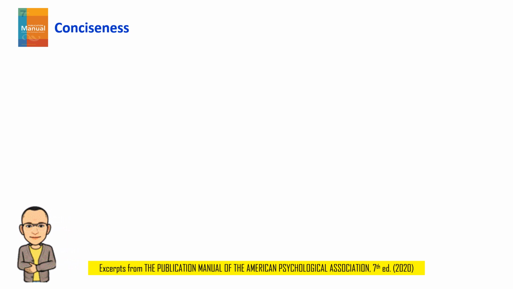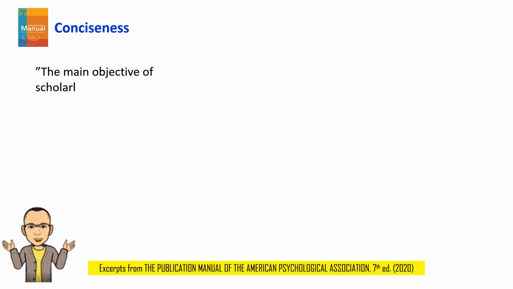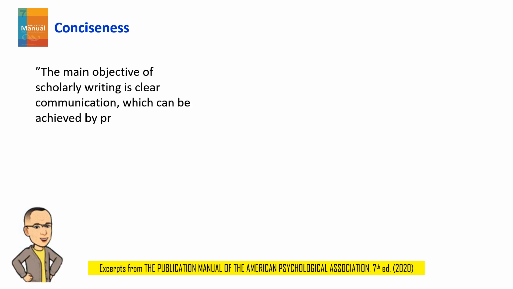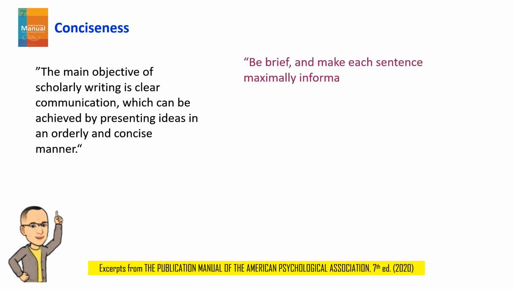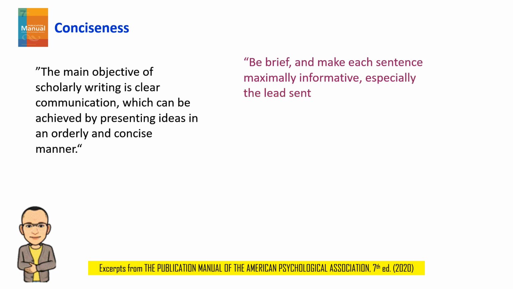Conciseness. The APA manual explains that the main objective of scholarly writing is clear communication, which can be achieved by presenting ideas in an orderly and concise manner. When it comes to writing, it is advised to be brief and make each sentence maximally informative, especially the lead sentence.